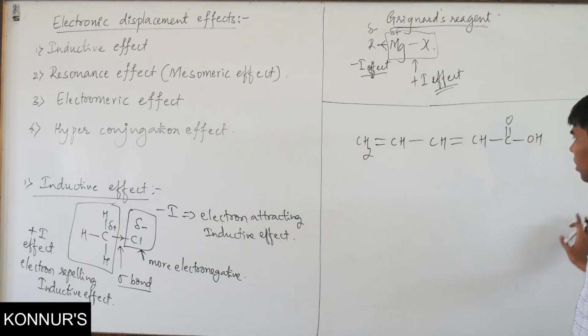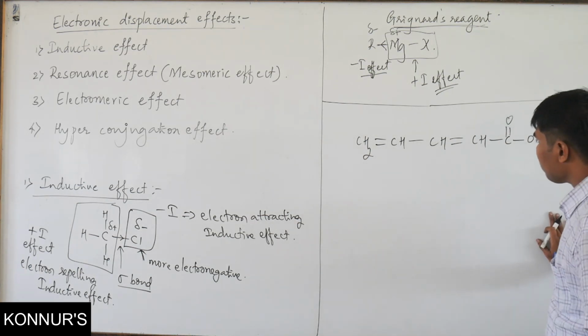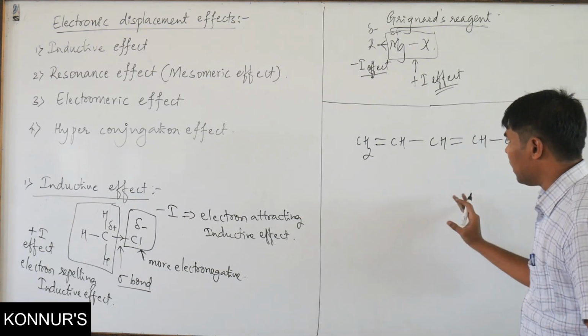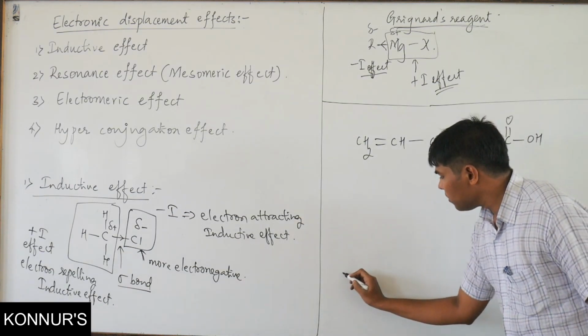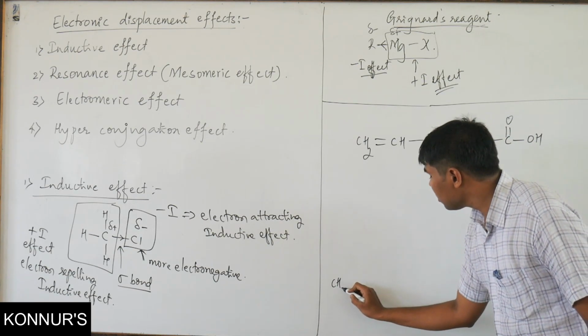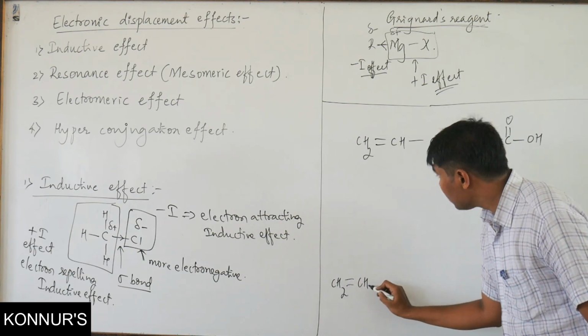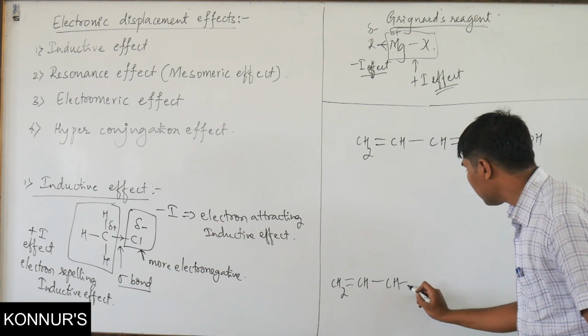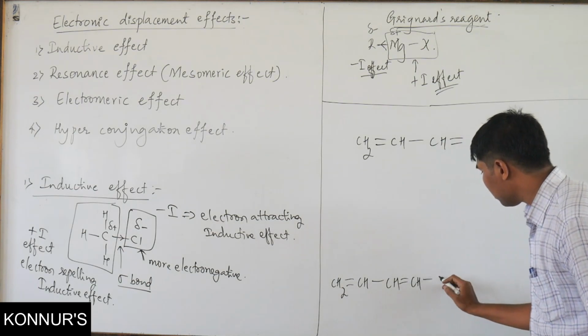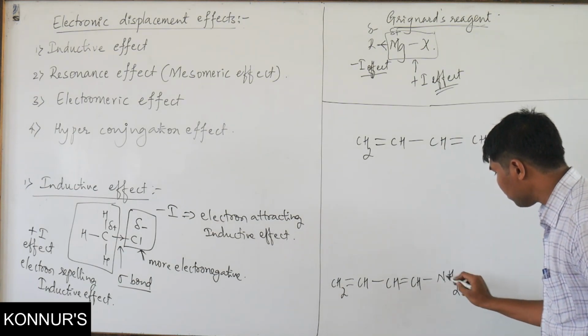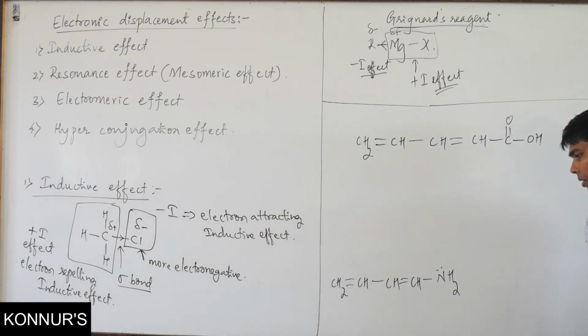Writing one more example: CH2=CH-CH=CH-CH-NH2.